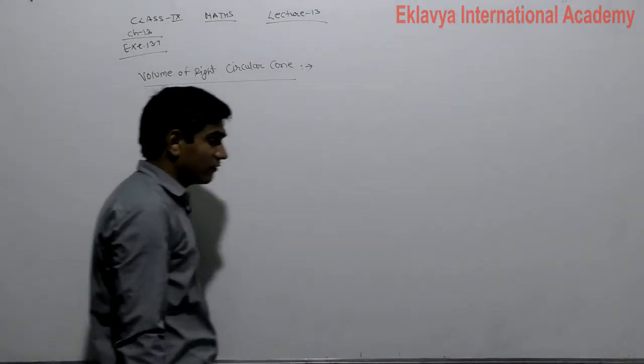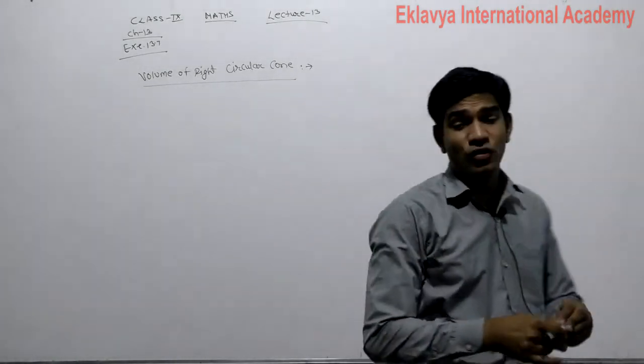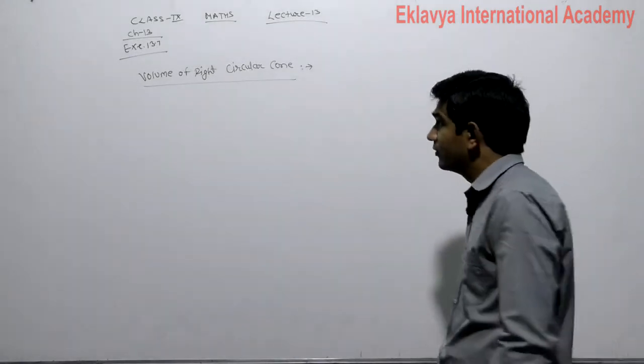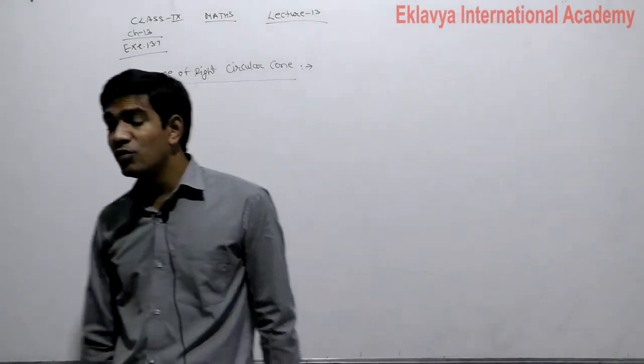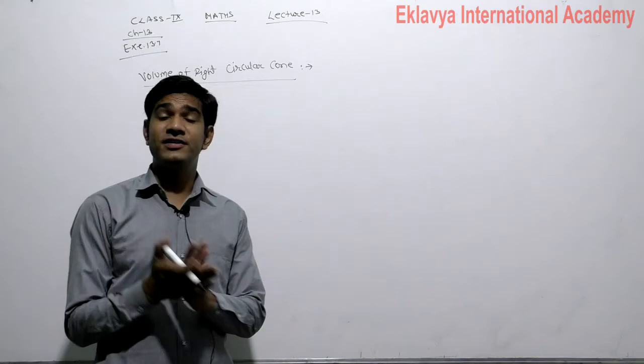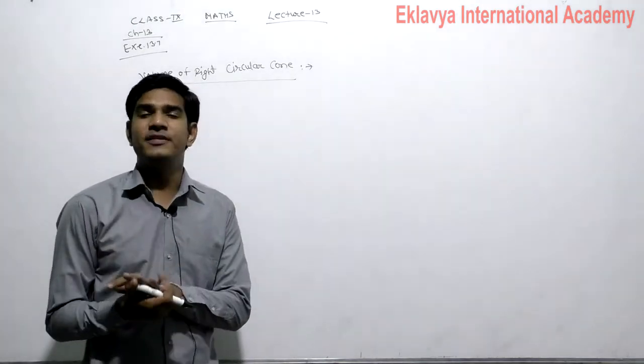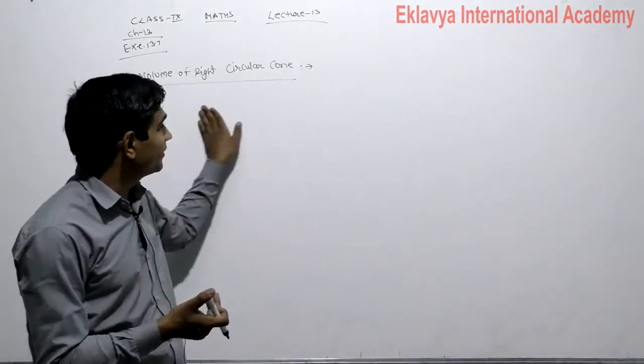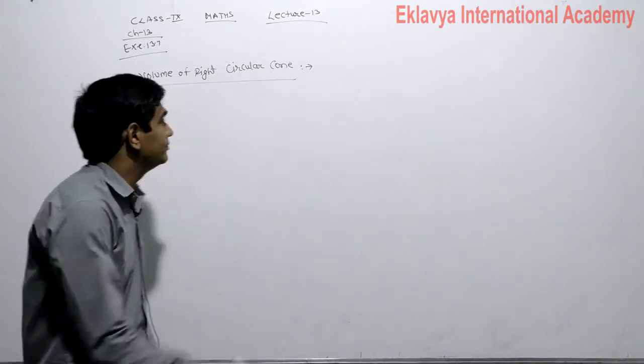So what is the volume of the right circular cone, students? Firstly, volume means the capacity of the solid. What is the capacity of the solid? That can be expressed as the volume.